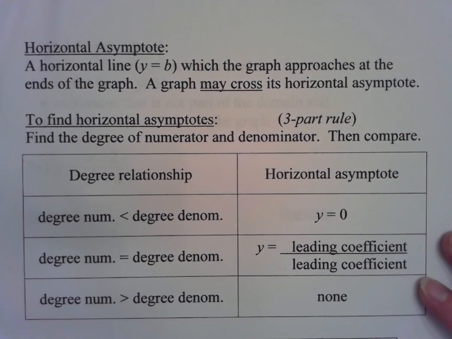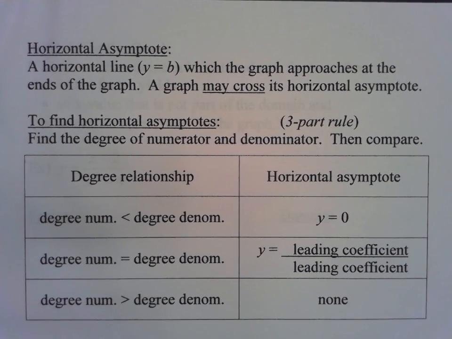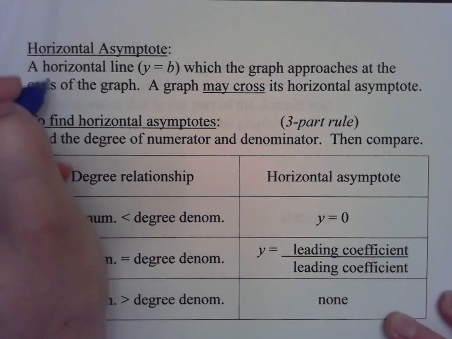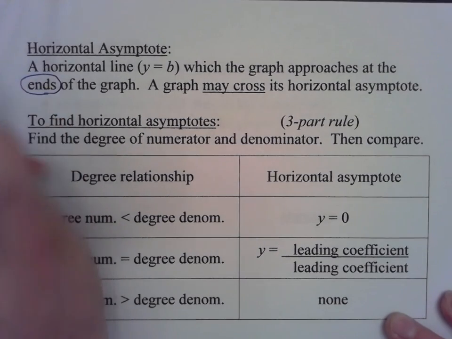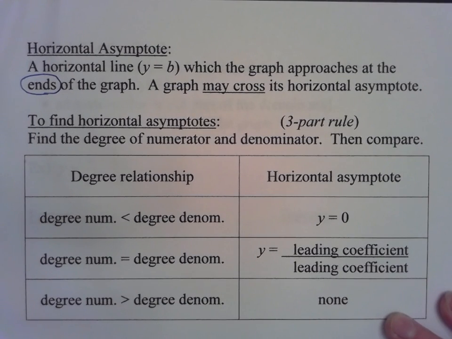All right, so now let's look at the horizontal asymptote. This is a horizontal line, horizontal like the horizon, which the graph approaches at the ends of the graph. So that makes this one a little bit different than the vertical asymptote. This is like the end behavior for the rational functions. A graph may cross its horizontal asymptote. These graphs can take on all different kinds of shapes, and they can be split into several different parts.